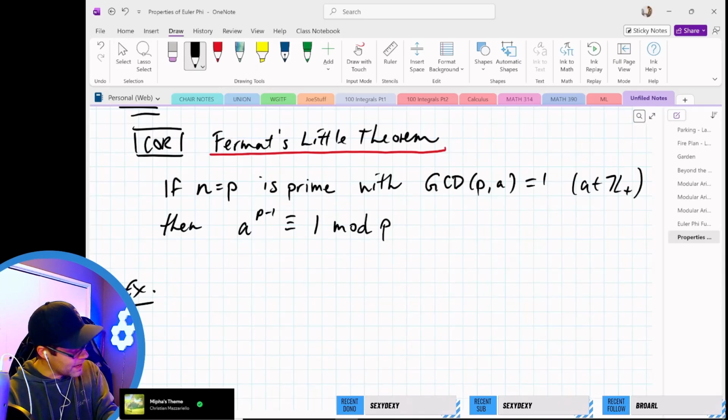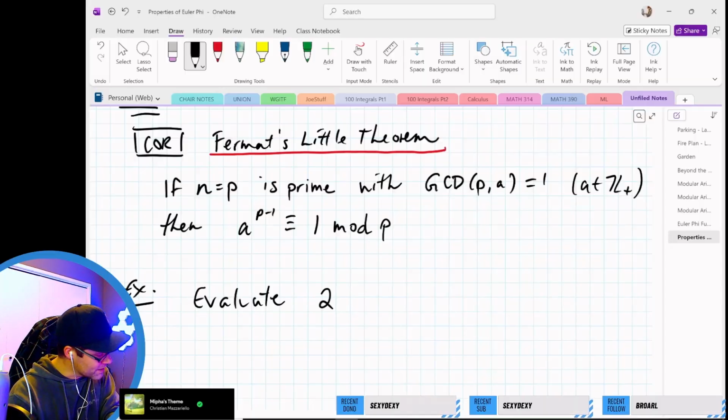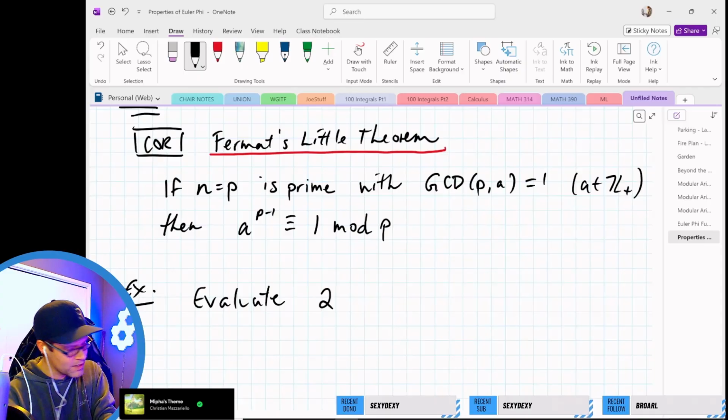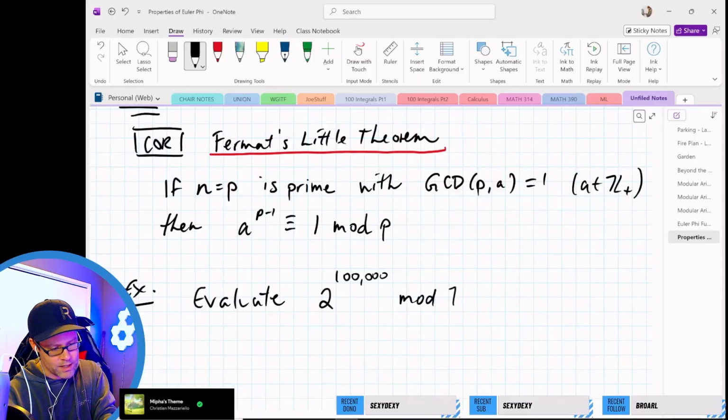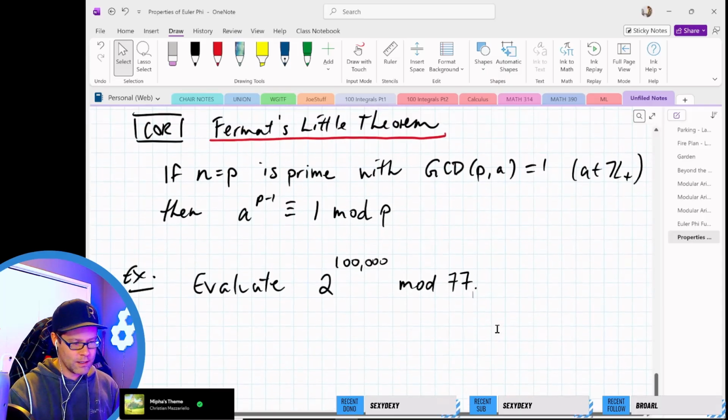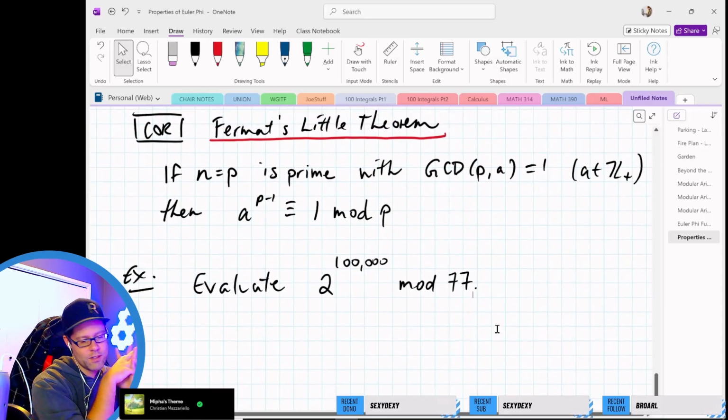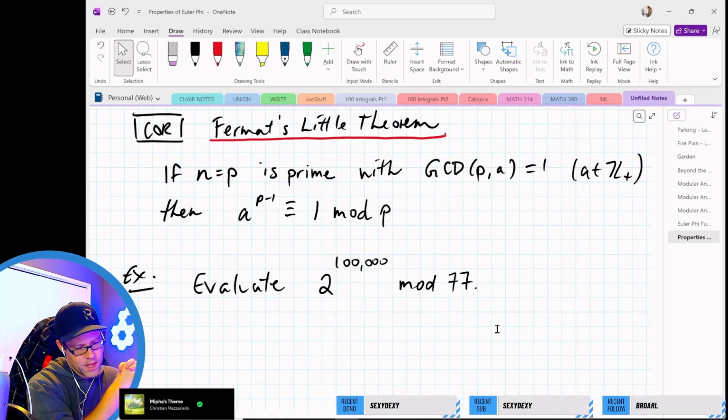So I have an example in here. I don't know exactly how we're going to do this, but it says evaluate 2 to the power of... how many zeros is this? 1, 2, 3, 4, 5. So this is 2 to the 100,000 mod 77. Okay. So we must have to use one of these theorems.